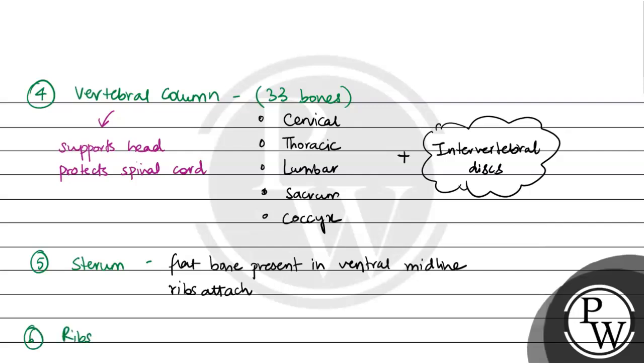Further, 12 pairs of ribs, जो ventrally attached होता है sternum से and dorsally attached होता है vertebral column से.